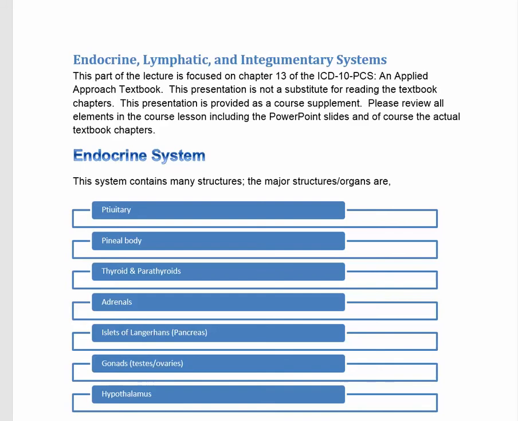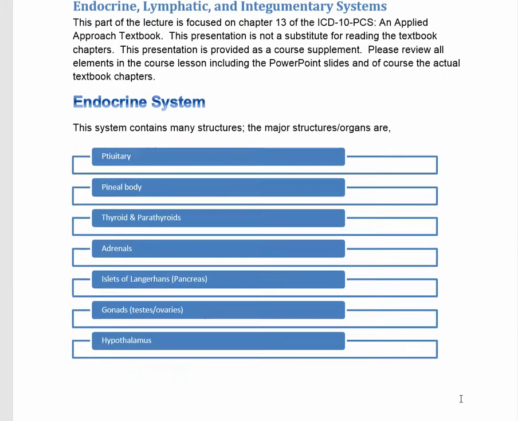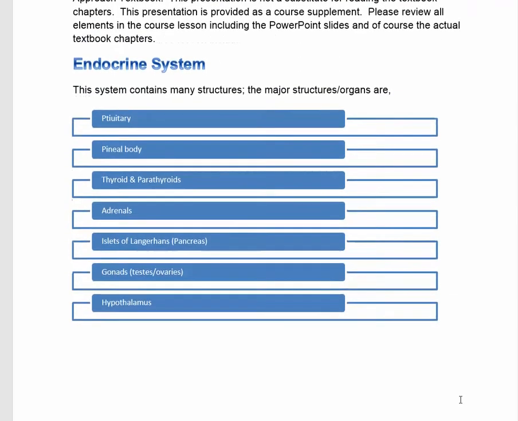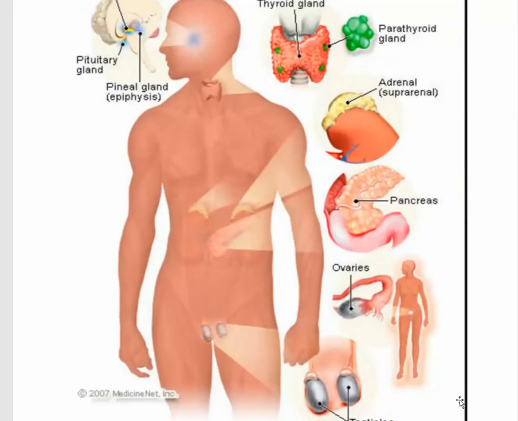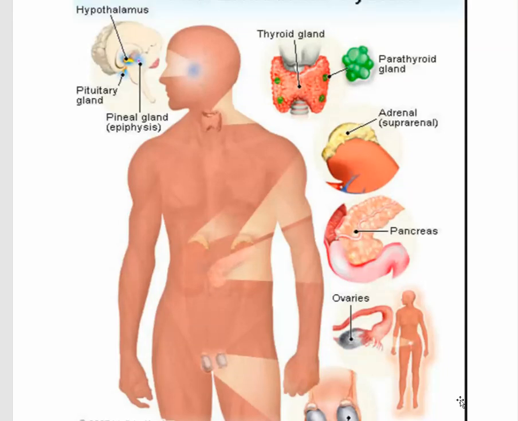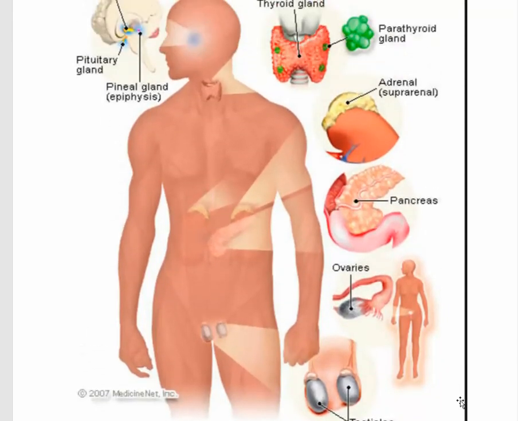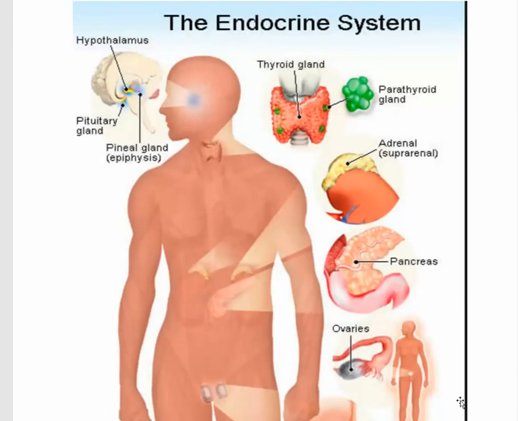This is a supplement. So if we start with chapter 13, your textbook authors first go through some of the structures of that particular system, the various organs that are included in the endocrine system. They provide a graphical picture for you on figure 13.1, and this is a very similar photograph here.